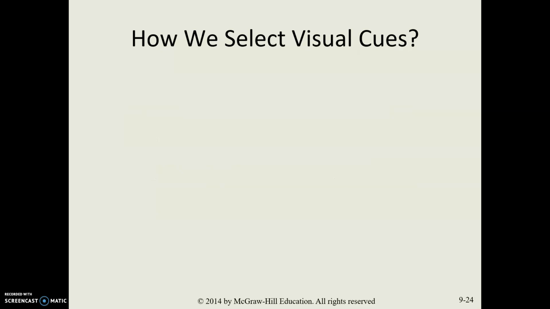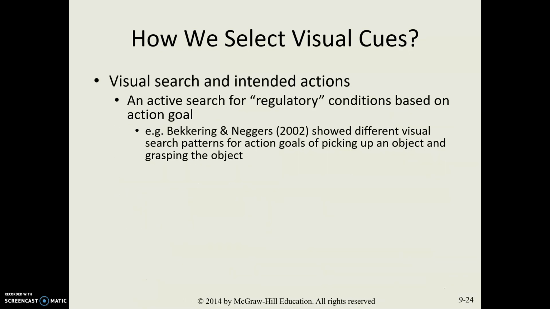So the question is, how do we select visual cues? What causes us to select visual cues? And one area that they have found is that we tend to look for the regulatory conditions in the environment and make decisions on that. And if you remember the term regulatory conditions, those are conditions in the environment that regulate our behavior.